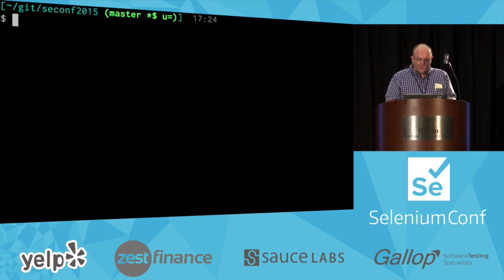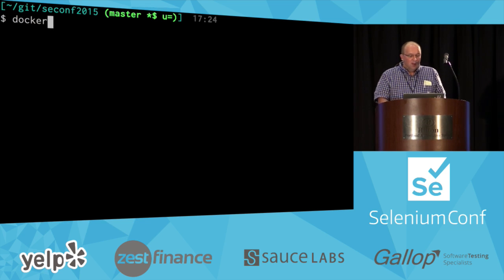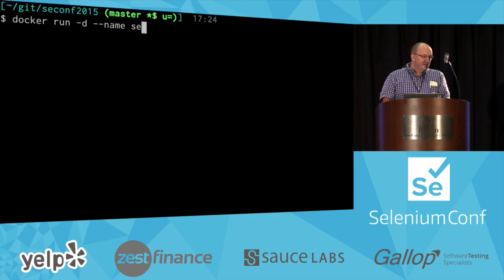All right, here's a quick thing. So for this Selenium conf, let's take a look. I hope it's big enough that you can see this. The first thing we'll do is docker run, and we'll go over these commands. I'm going to run with the name Selenium Docker container, and publish port 5900 for our VNC viewer so we can connect to it and see it.